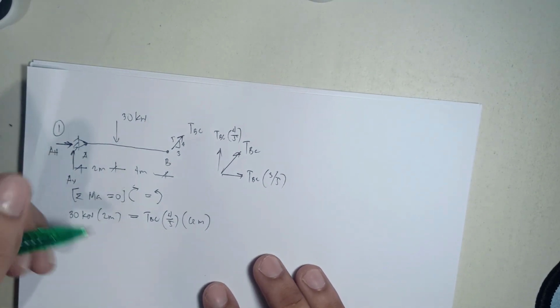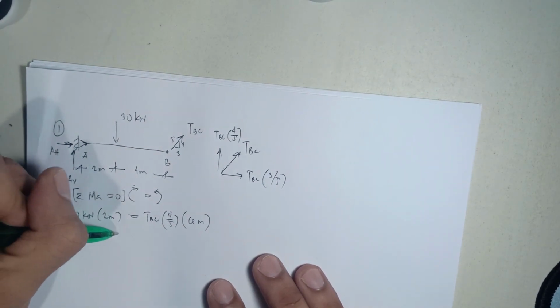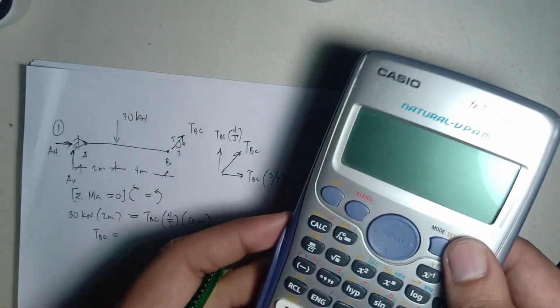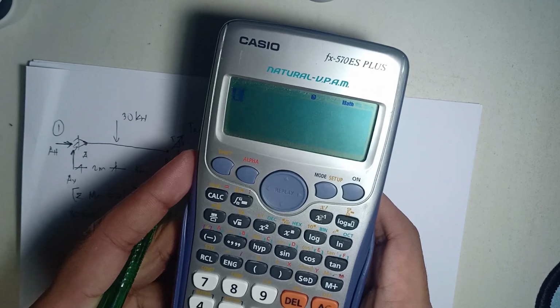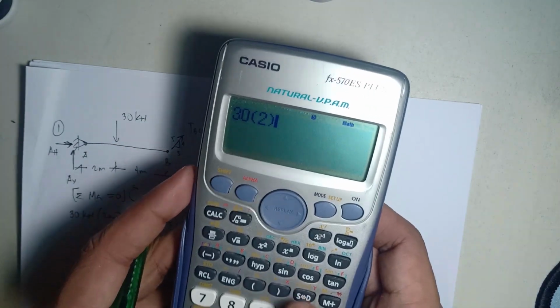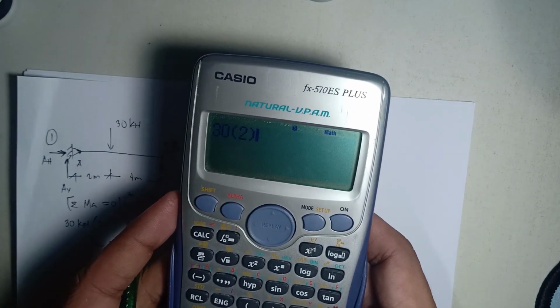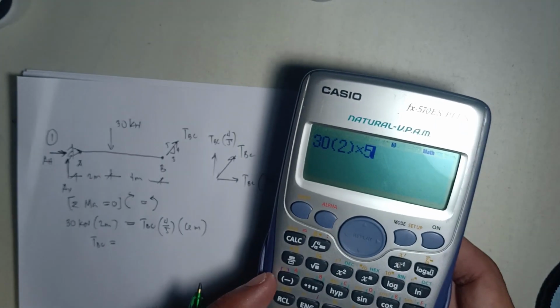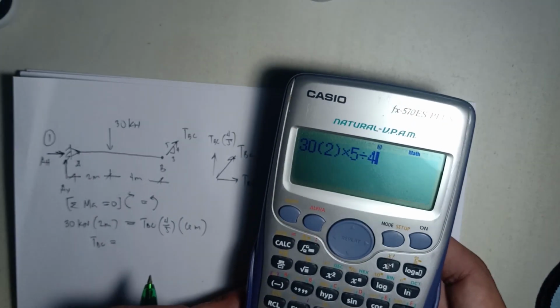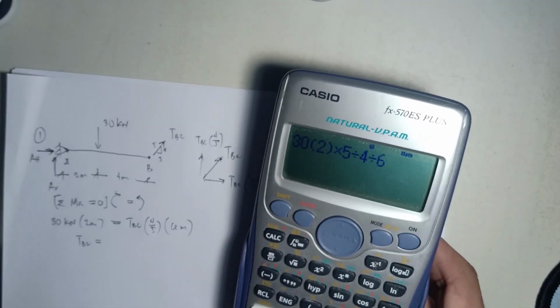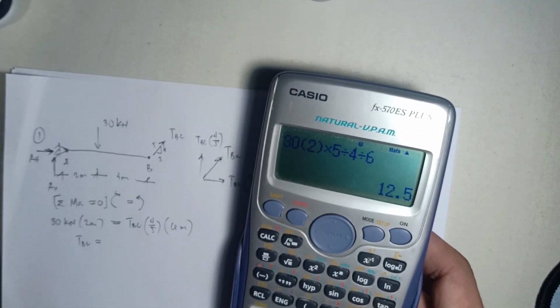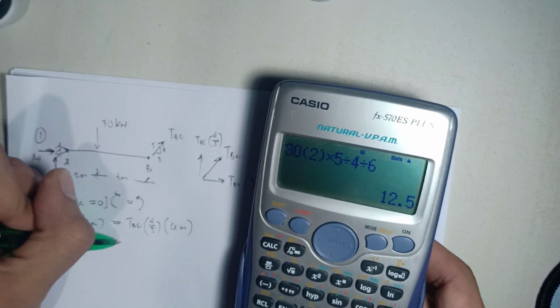So, pwede natin calculate na 30 times 2 times 5, divide 4, divide 6. Pwedeng ganun guys yung pag-calculate natin, no? Then lalabas na 12.5 kilonewtons.